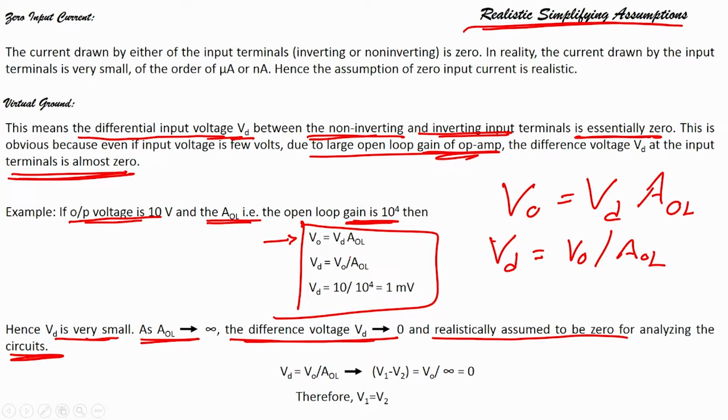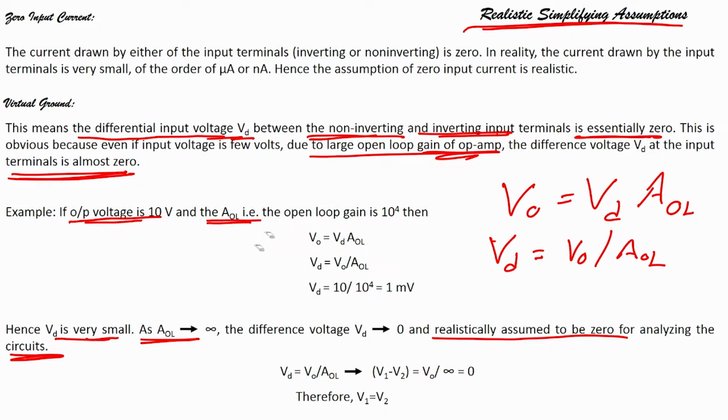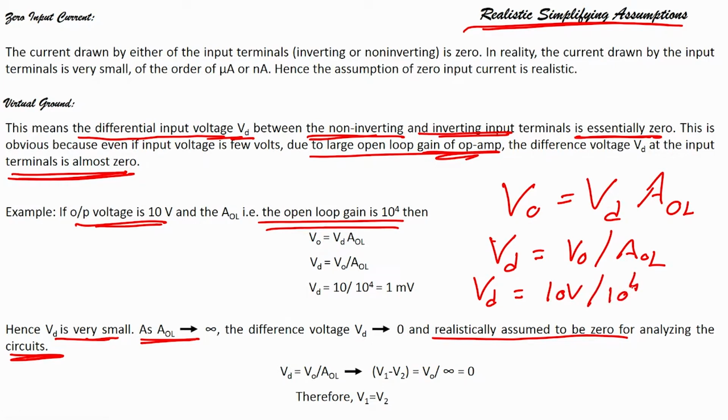Now, in this particular case our output voltage is given, our open loop gain is given, right. That means we can have Vd equals the output voltage of 10 volts divided by the open loop gain of 10 raised to 4, right, which gives us an answer of 1 millivolt.